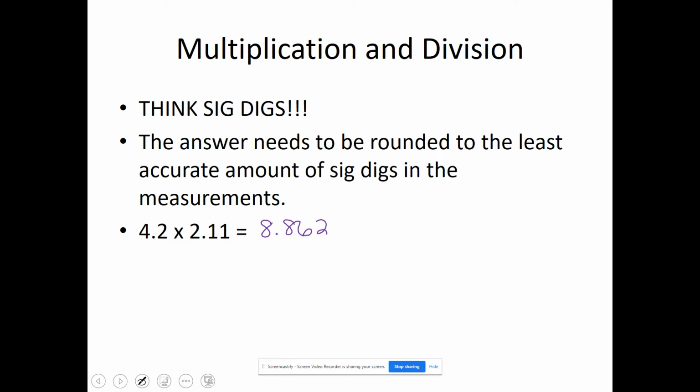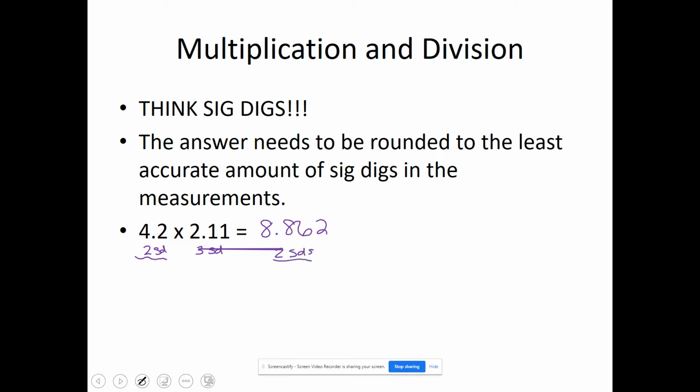We want to make sure we really know how to count sig digs. This is nice because none of them have zeros. So 4.2 has 2 sig digs. 2.11 has 3 sig digs. Your answer needs to be rounded to the one with the lowest. So 2 is the lowest, so your answer needs 2 sig digs.